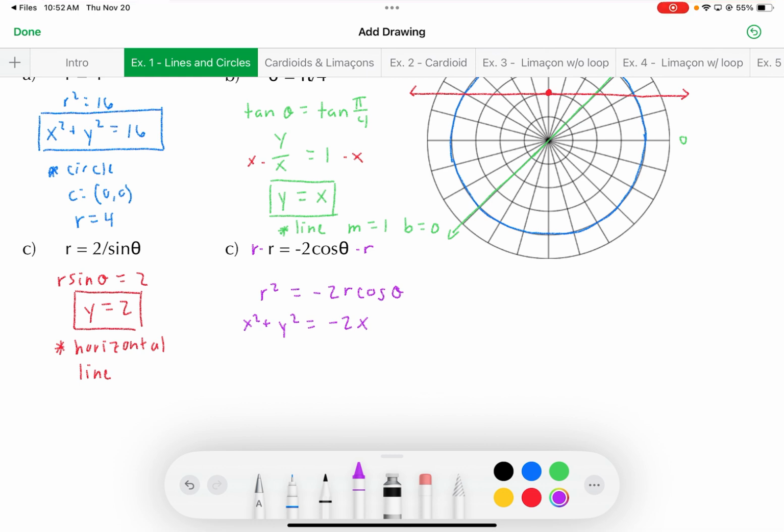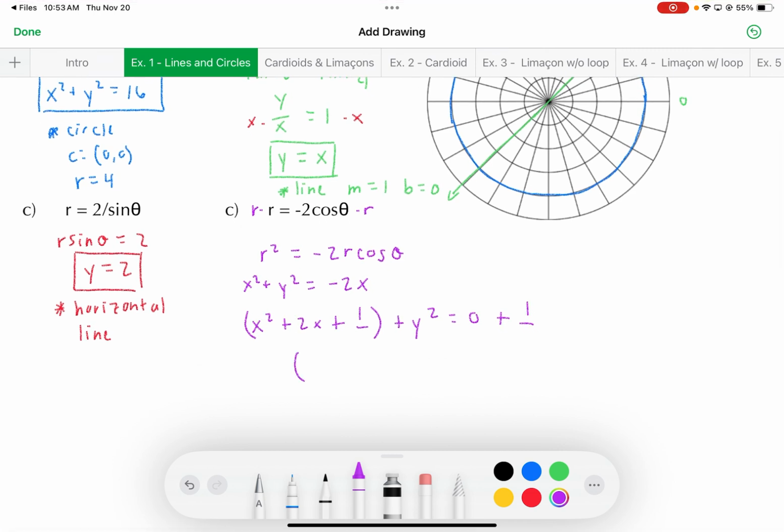Anybody remember from yesterday what we did at this point? Yeah, we ended up completing the square. So to do that, I'm going to have to add the 2x over, group those together. One completes the square, right?